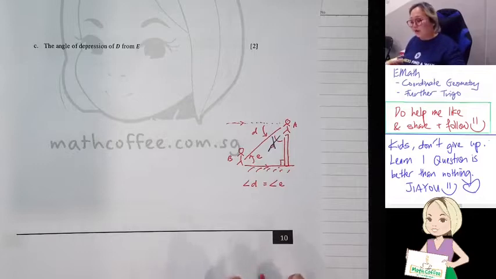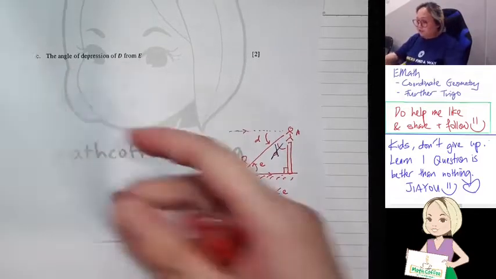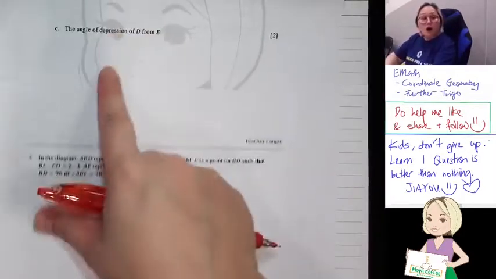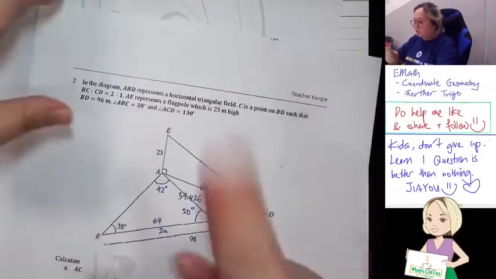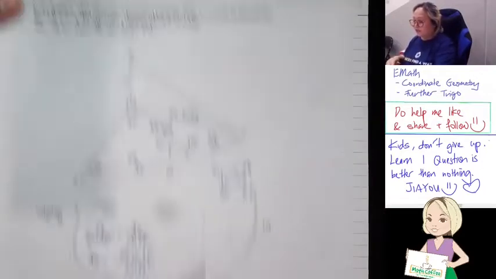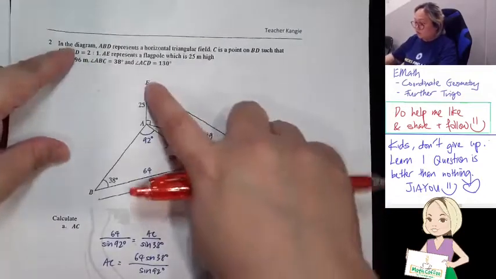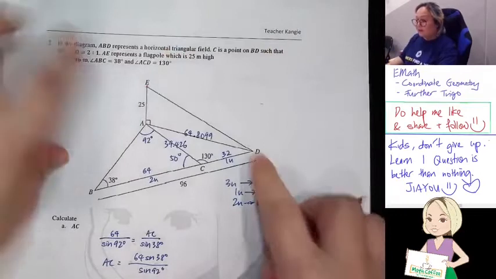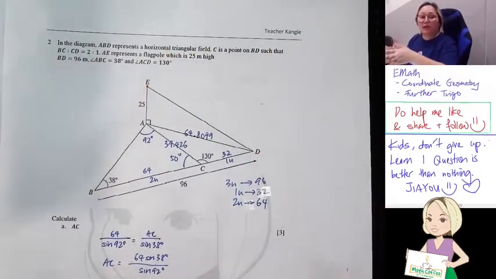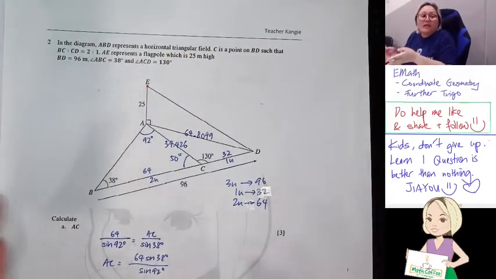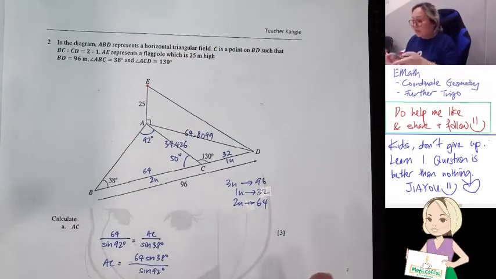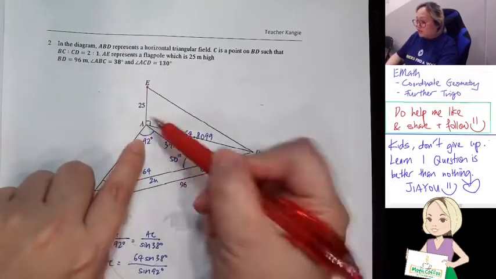Now they ask you to find angle of depression of D from E. They already have the diagram here. You are looking from here. But take note, because this is 3D, it looks like it's not a right angle triangle. But it is, you can see that they actually put a 90 degree here.